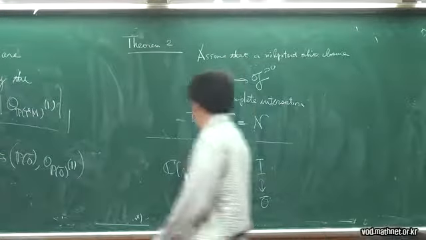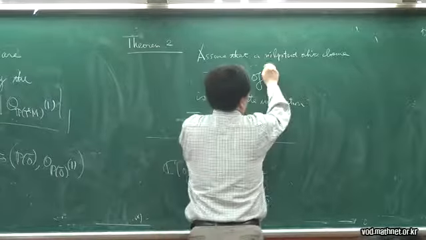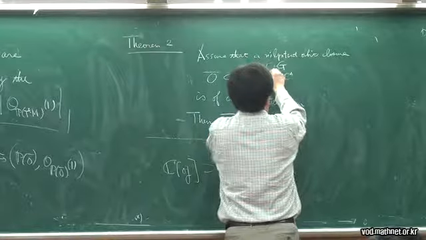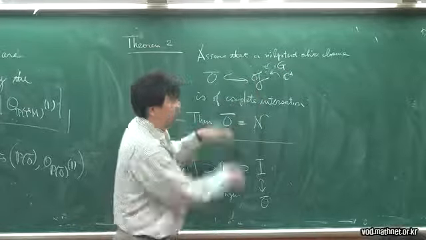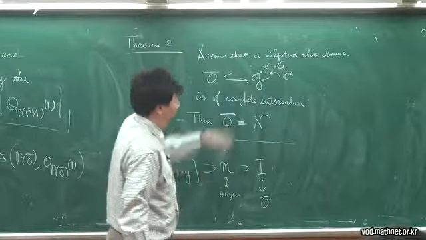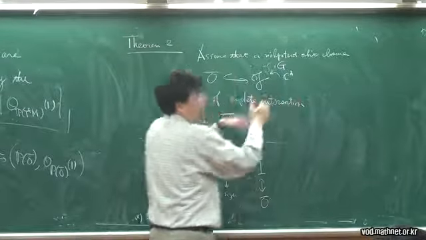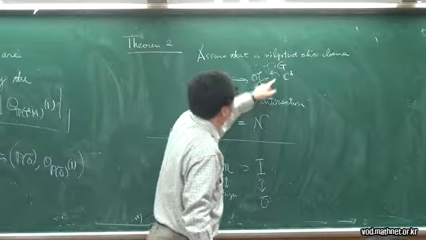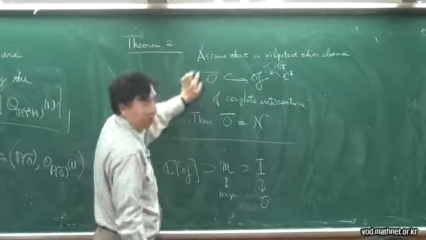Now here, g has a natural G action, the adjoint action, and also a C star action. G acts on g by the adjoint action, and C star acts just by scalar multiplication. But both actions preserve O bar.